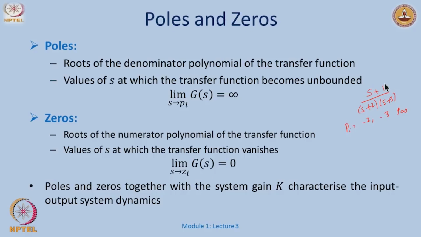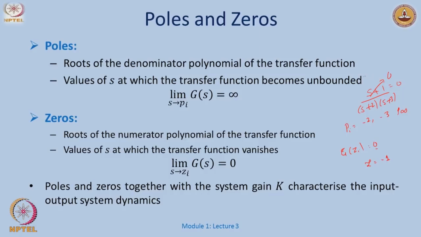Set the numerator equal to 0, and what I get are the zeros of the system. What happens when I evaluate the transfer function at zeros? This will always be 0, just substitute. In this case the zero is at minus 1, and if I substitute minus 1 for s here, the value of the transfer function becomes 0, because the numerator goes to 0.